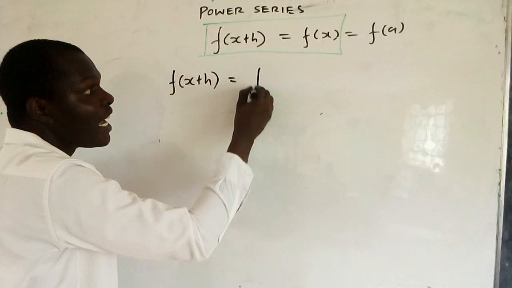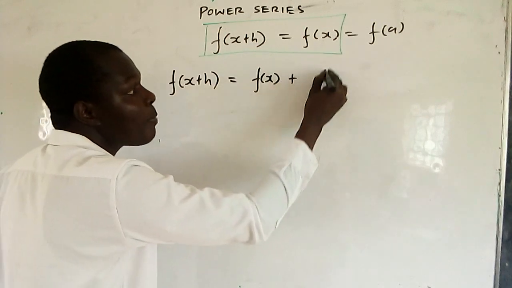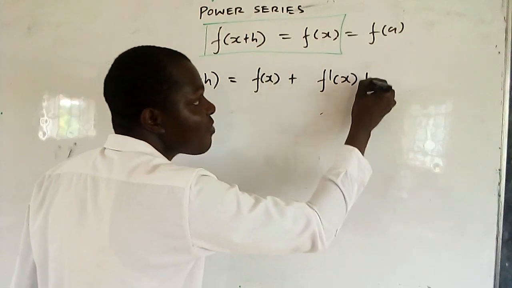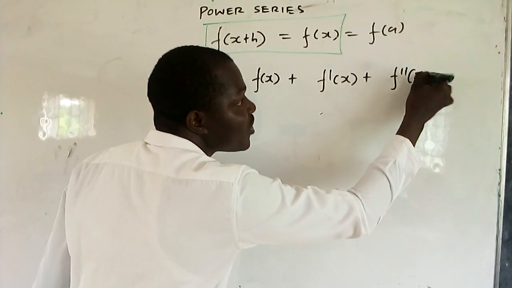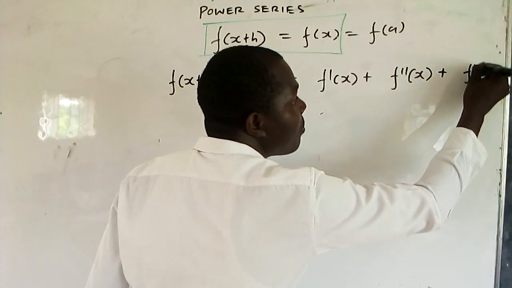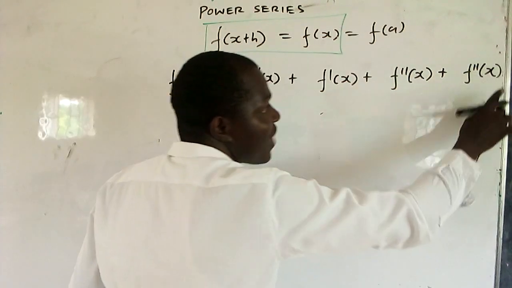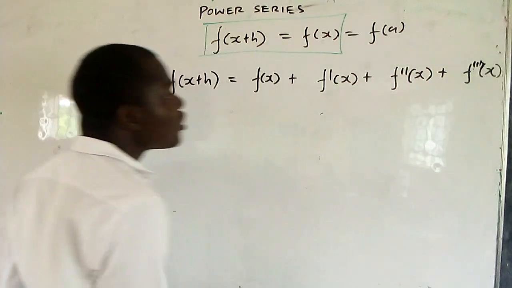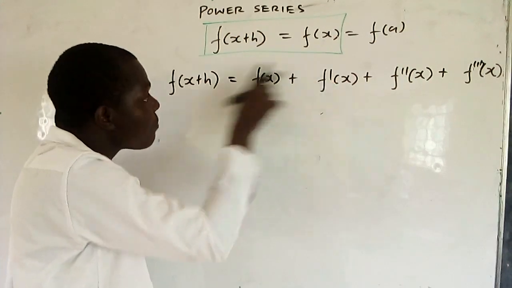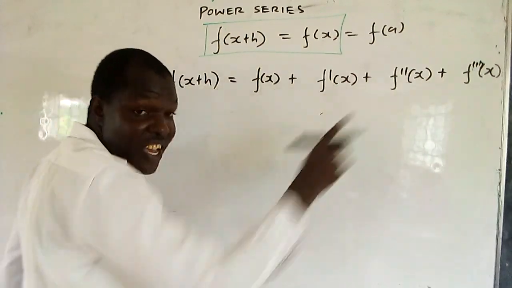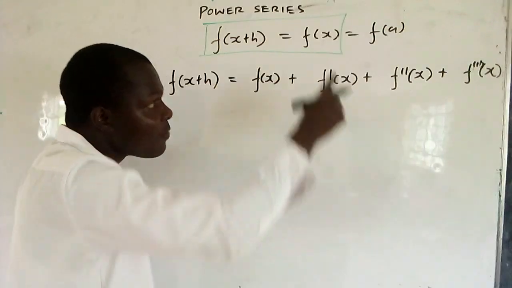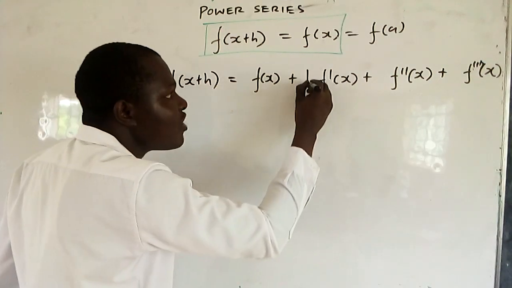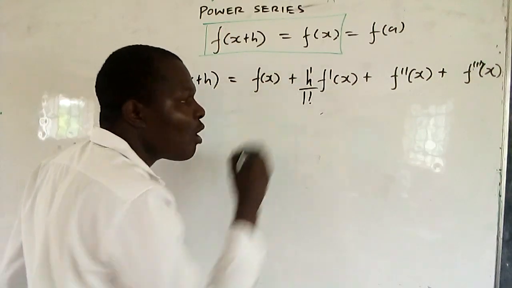So you come and write, you have f of x, then plus you differentiate f of x for the first time, then plus you differentiate f of x for the second time, then plus you differentiate f of x for the third time, in that order. Then you put, when you differentiate it for the first time, because it was plus h, meaning h is what is ascending, you have h raised to power 1 over 1 factorial.